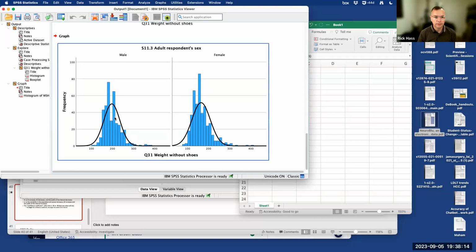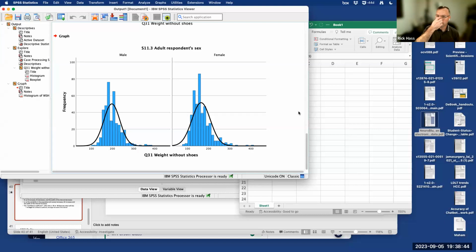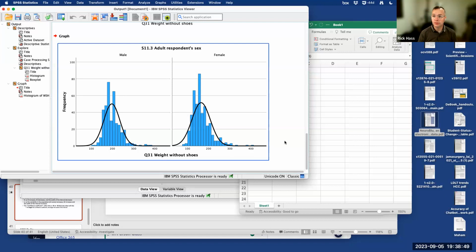So we can actually see the male data slightly better than the female, a little less skew. But in each case, you can see how the peaks are a little bit too tall. So this curve suggests that if my data was perfectly normally distributed, the histogram should fit really neatly under the curve. All the blue bars should be nice under the curve. So here we have a little bit of a departure from normality, probably because this is adults too.